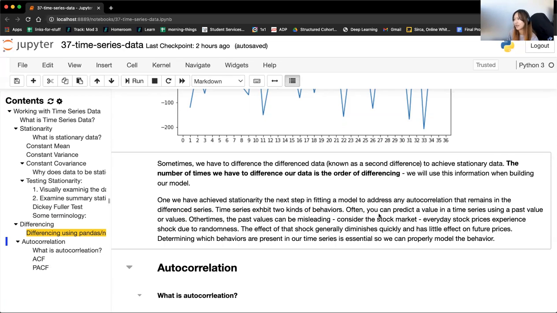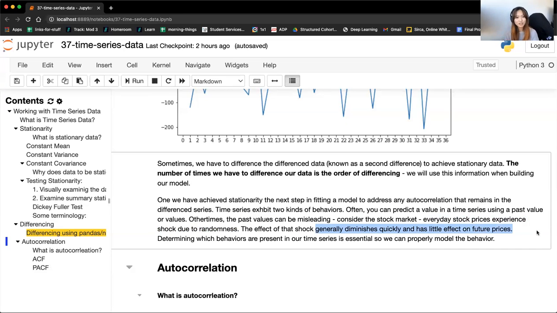Other times the past values could be misleading. In the example of the stock market, every day your stock prices will experience some shock due to randomness, and it's hard to say whether there are any seasonal trends or overall movement trends. The effect of that shock will generally diminish quickly and will have little effect on future prices.